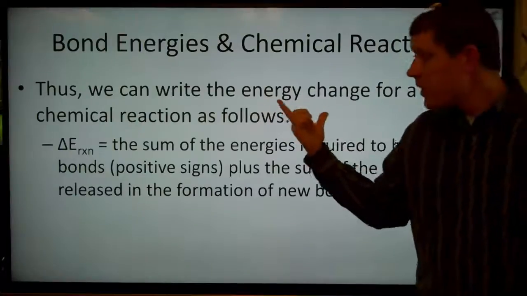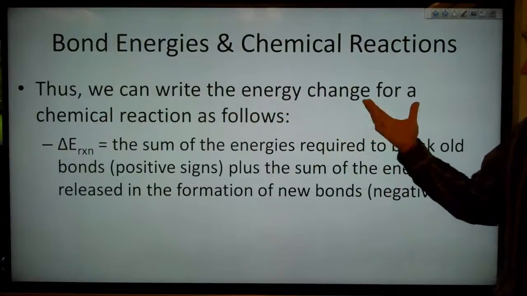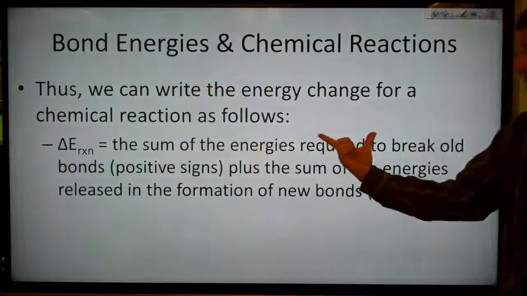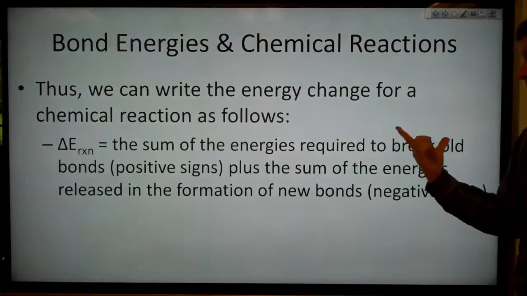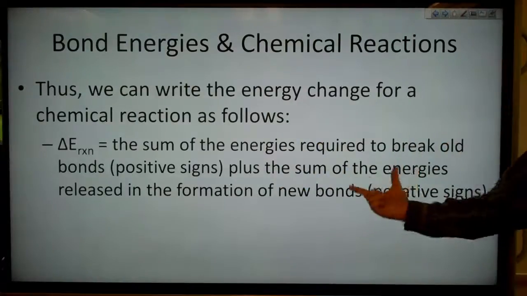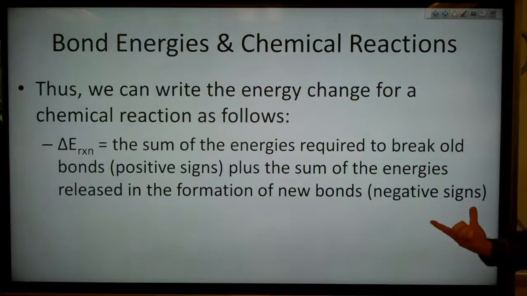This means that we can write the energy change for a chemical reaction as follows. The energy change for the reaction is equal to the sum of the energies required to break the old bonds, so the positive signs, plus the sum of the energies released in the formation of the new bonds, so negative signs.